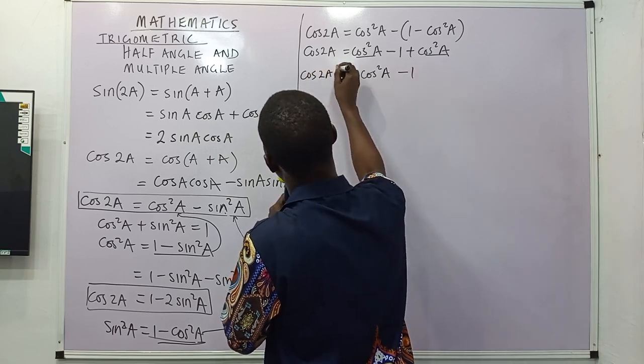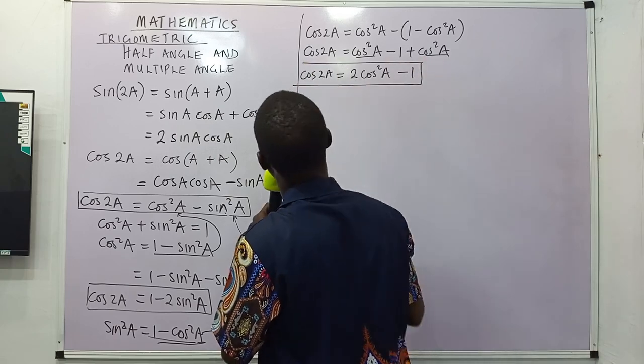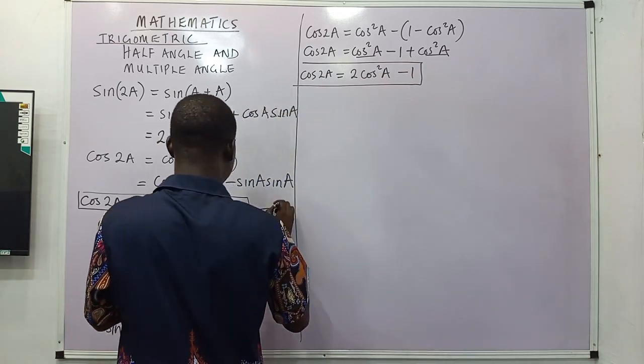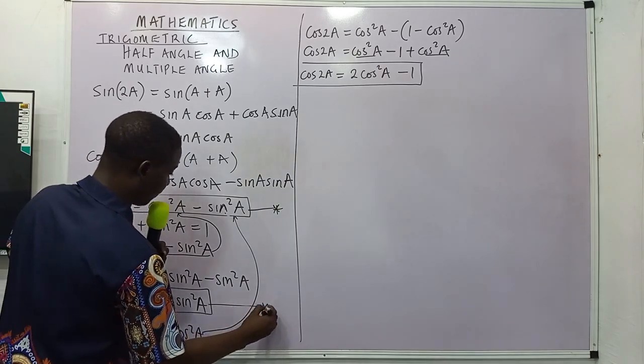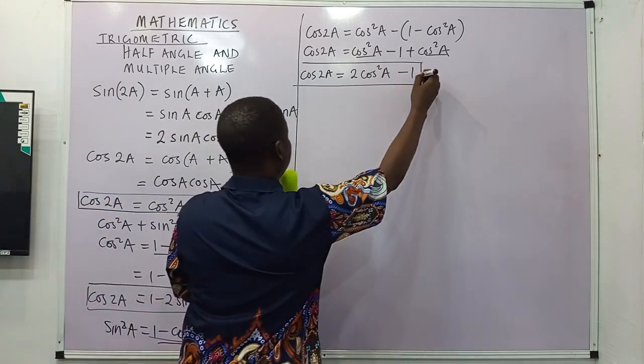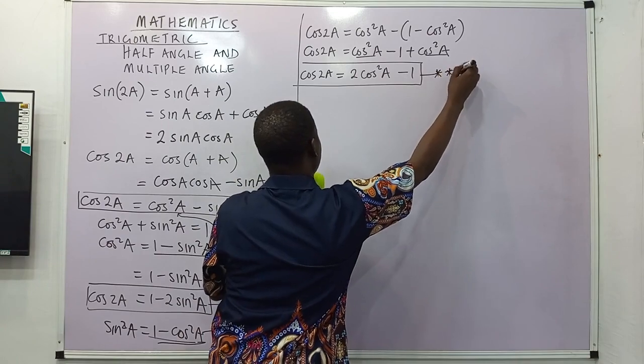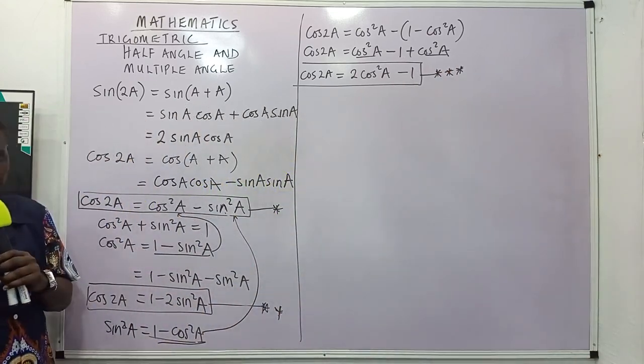That gives us another formula for cos 2A. So it can be this, it can be this, and it can also be this. So in that case, we are able to justify that.